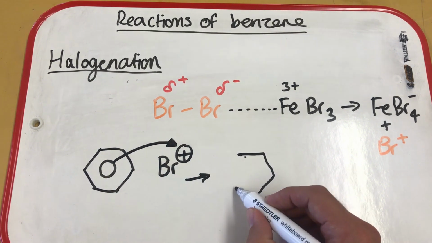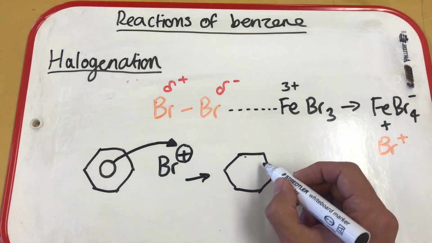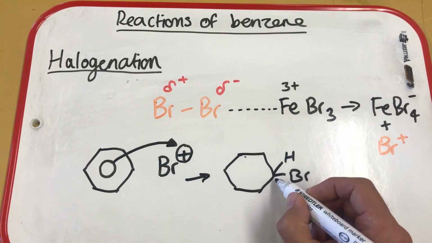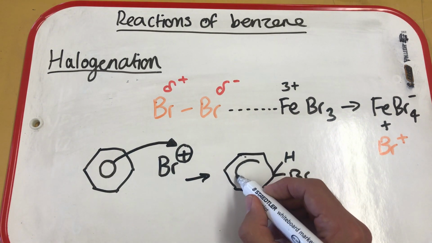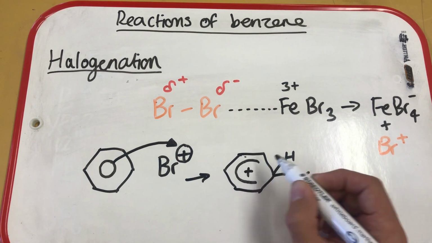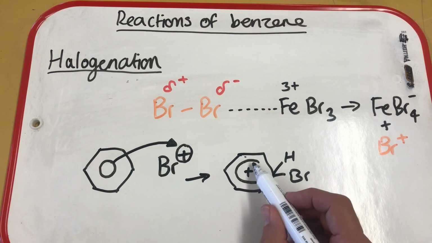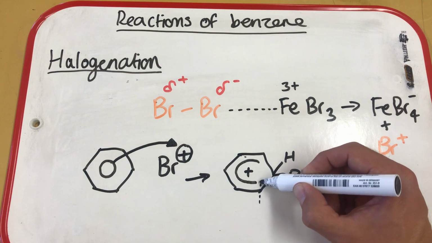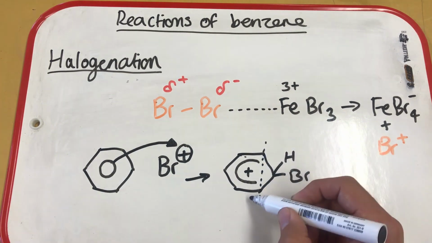There'll be a momentary break in that ring, and we'll have this horseshoe shape with our bromine attached to one of the carbons. So this is a temporary structure where we have a positive charge here where the ring has been broken. Notice that the ring has not been drawn beyond carbons 2 and 6.